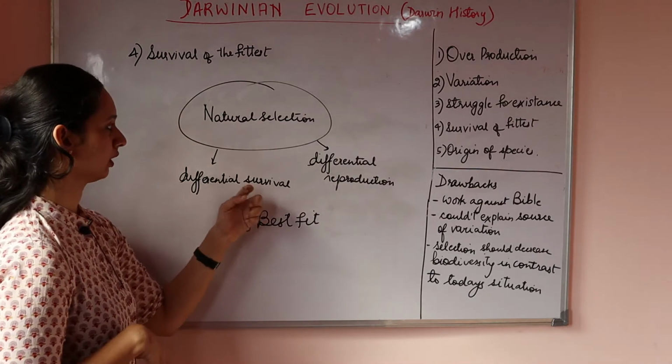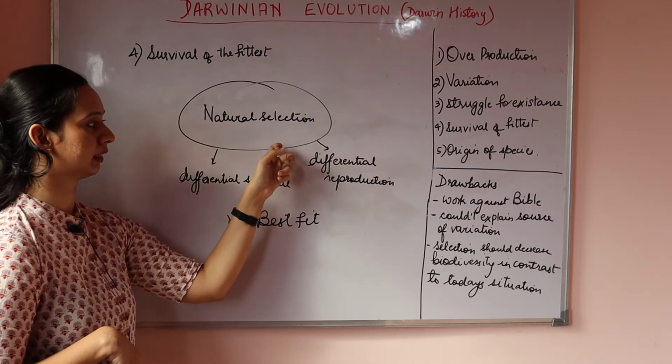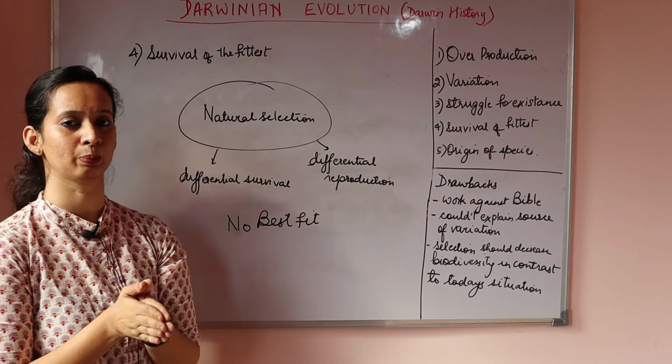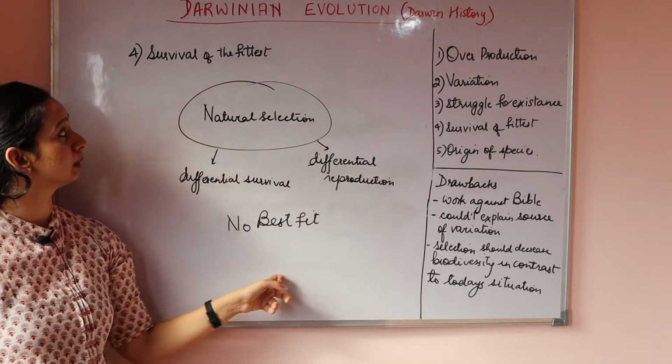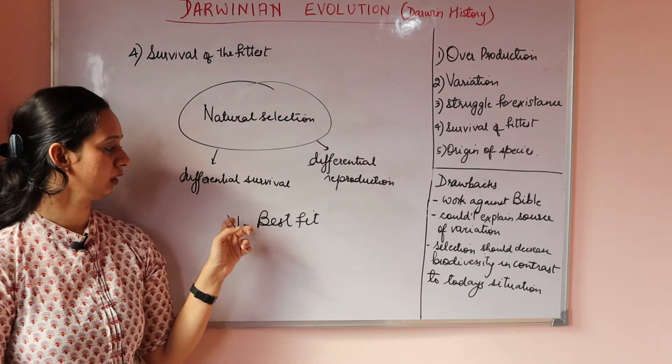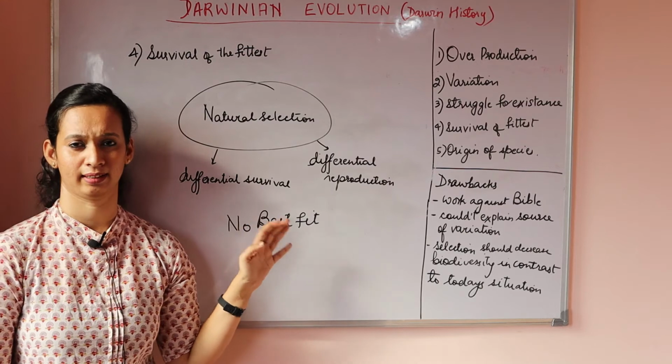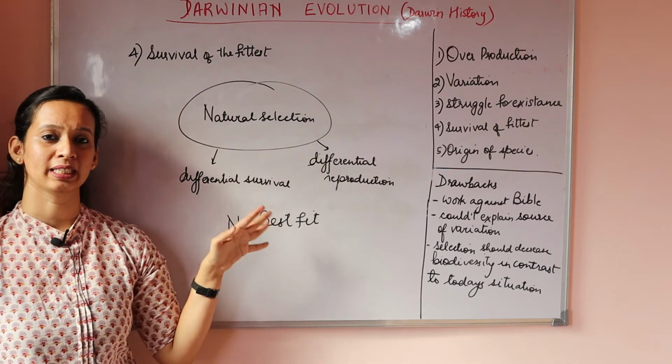So in such cases, that species will be said to be naturally selected. And as per Darwinian evolution, there is nothing called best fit.